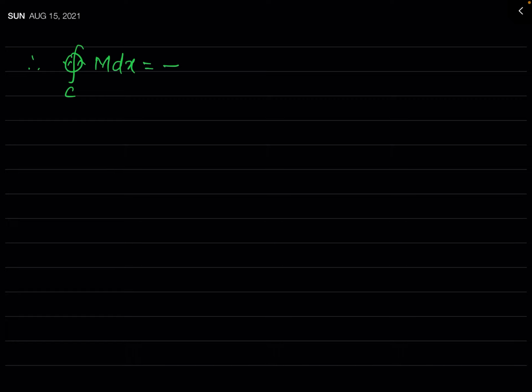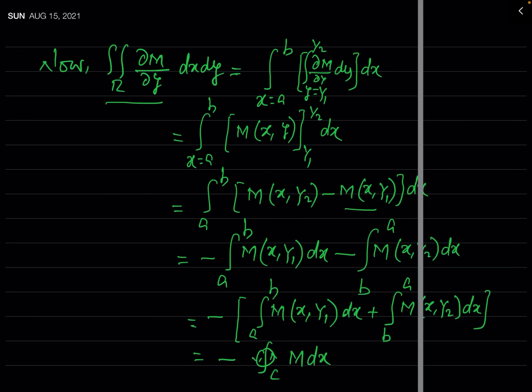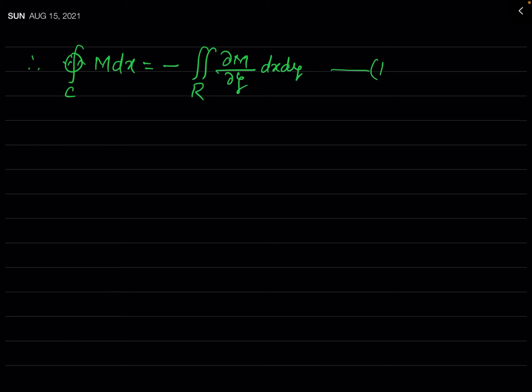This will be minus the integral over R of del m by del y dx dy. You can see here this minus sign has been put before the term in LHS, which we can do actually, and say this is equation 1.